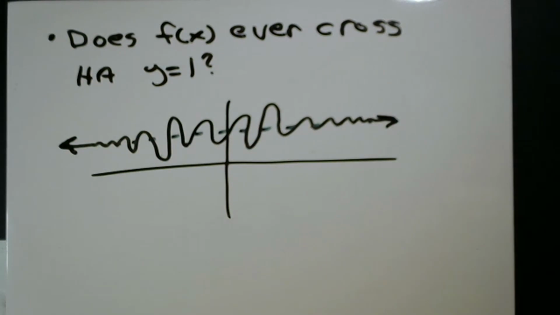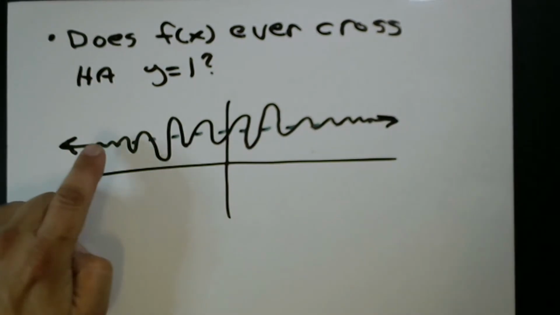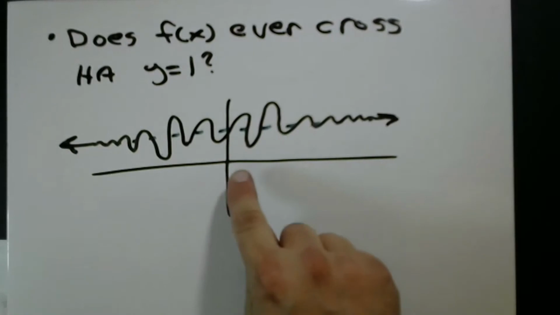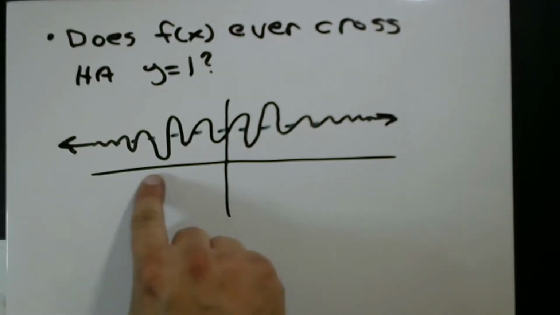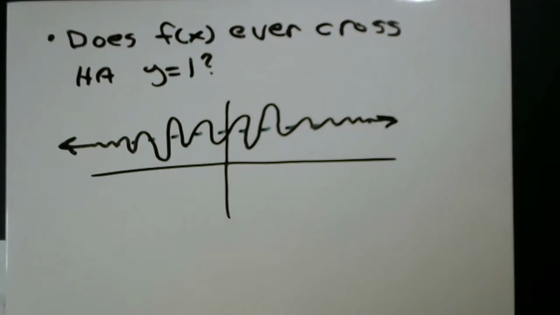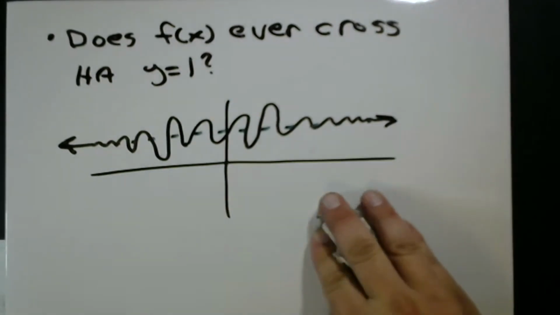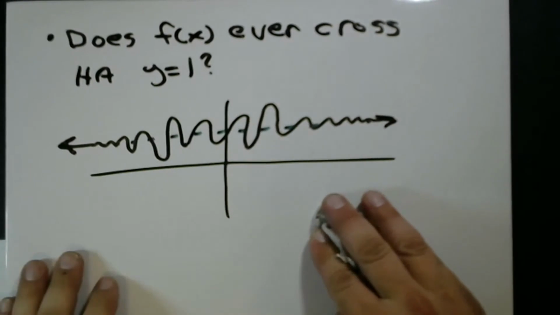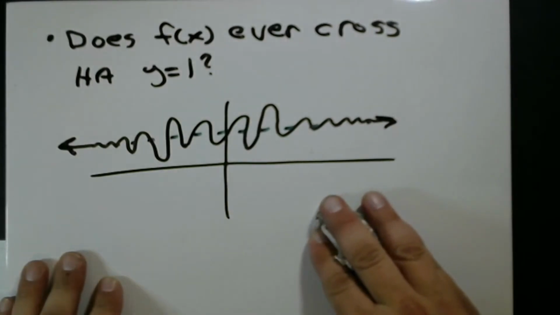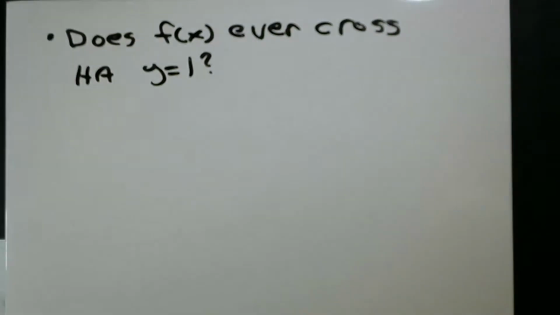So that's what the horizontal asymptote tells us. It's about the behavior of the function as you go far down the positive x-axis or far down the negative x-axis. It's the vertical asymptotes that you don't cross. Those are sort of the places where the function can't go because it's not defined there. So horizontal asymptotes tell us about behavior of the function. So it is possible for the function to cross them.